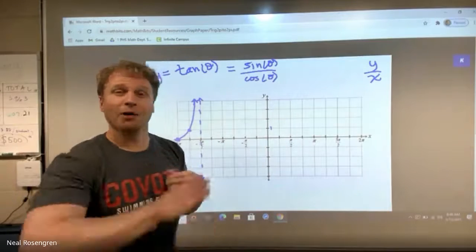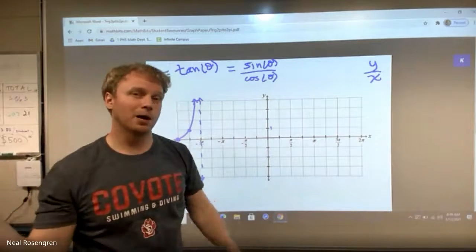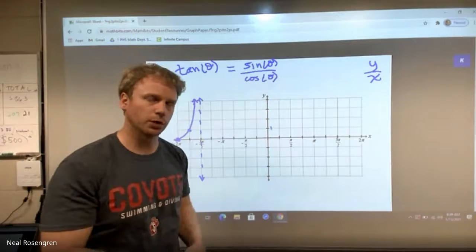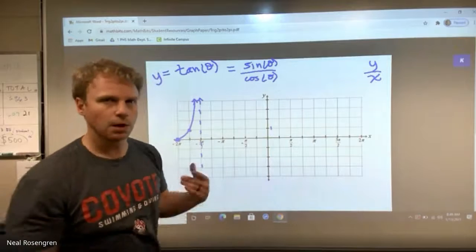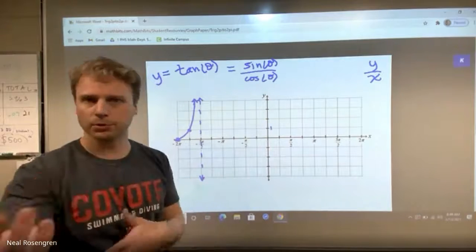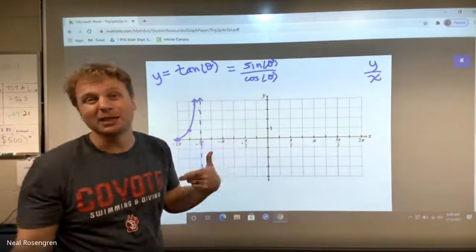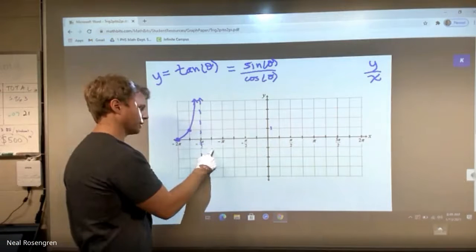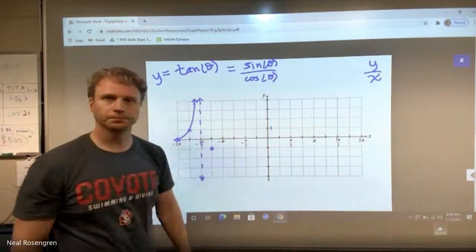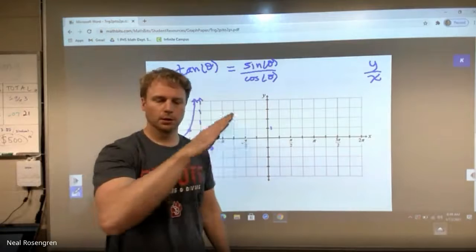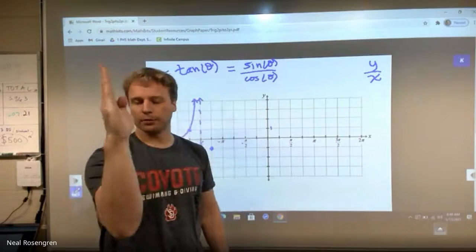But when you're at 135 degrees, at that 3 pi over 4, the x and the y value are the same, right? Negative radical 2 over 2 on top and positive radical 2 over 2 on the bottom. Divide two numbers that are the same, get 1. And in this case, we just get negative. So I've got a negative number right there at negative 1. Okay, cool. So that's pi over 4, pi over 2, 3 pi over 4.